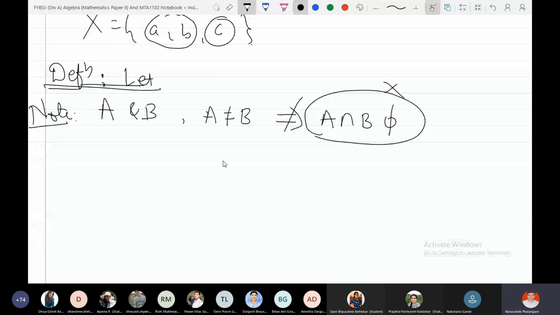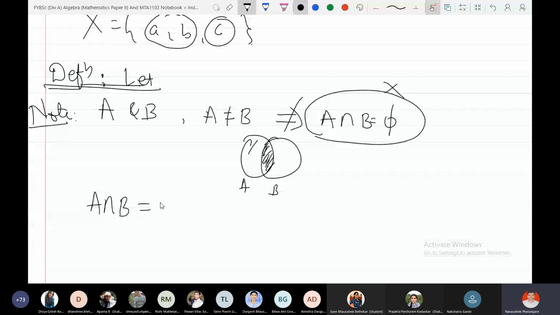Yes, because I have two sets like this, they are unequal, but still their intersection is non-empty. A intersection B is empty means two sets are completely separated, there is nothing common.